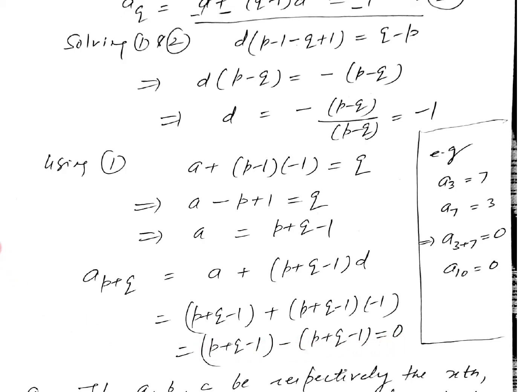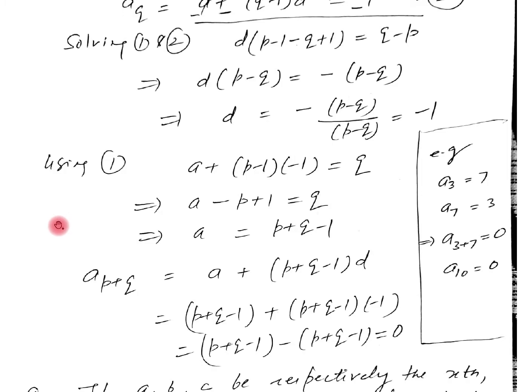That we have to prove in the question. It means ap is given, aq is given, we have to prove that a(p plus q) equal to 0. Now see the conclusion from this result. I am explaining it with the help of an example. If the third term of an AP is 7 and the seventh term of an AP is 3, then we can say a(3 plus 7), that means the 10th term, will be 0 by the help of this generalization.